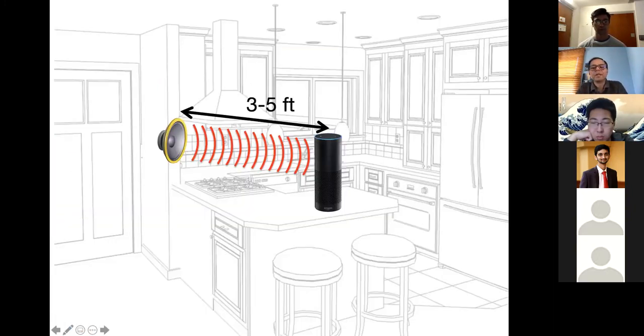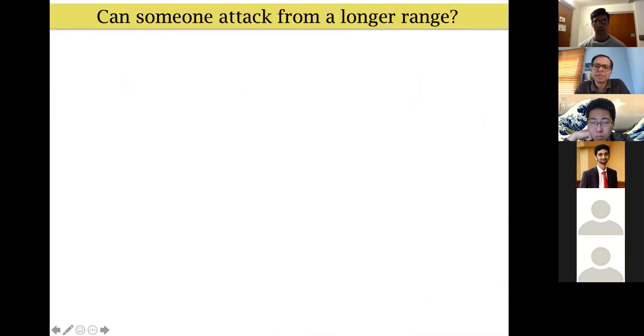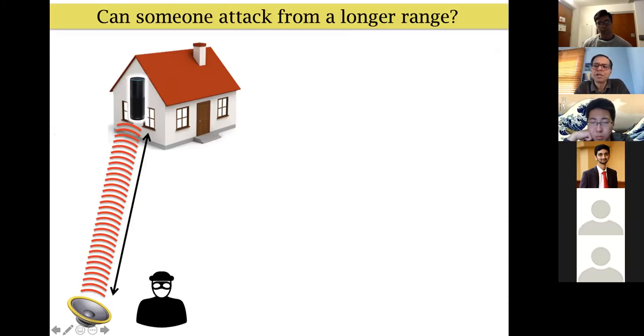Now, when we tested this, we were able to launch this attack from around 3 to 5 feet. So you have to be near Alexa. But what's the nastiest attack you can launch? Can someone attack you from a long range? To defend best, you need to attack best.